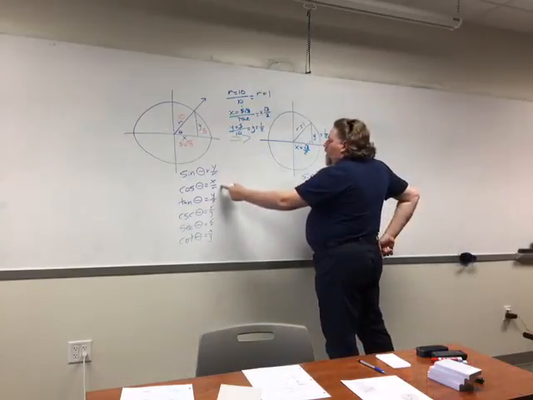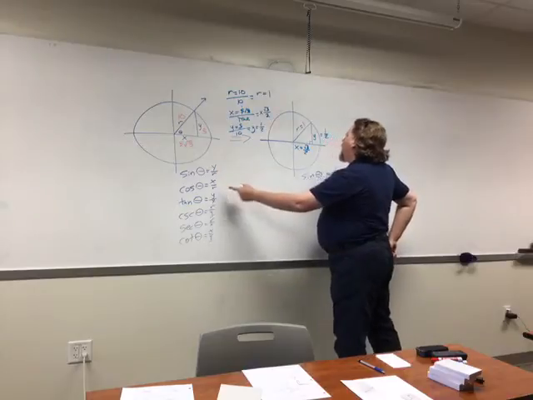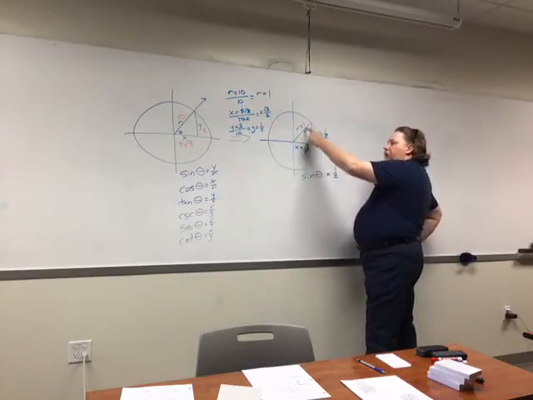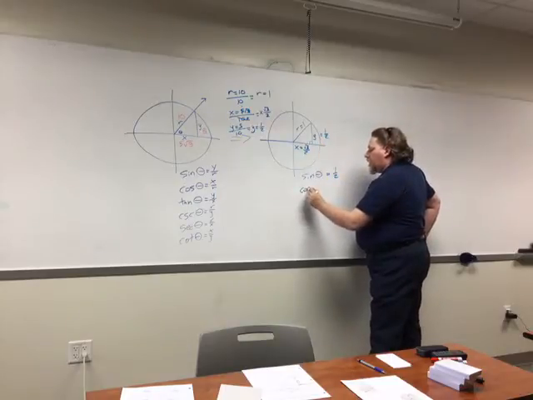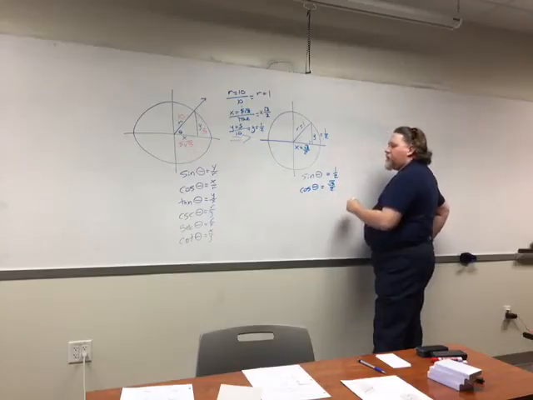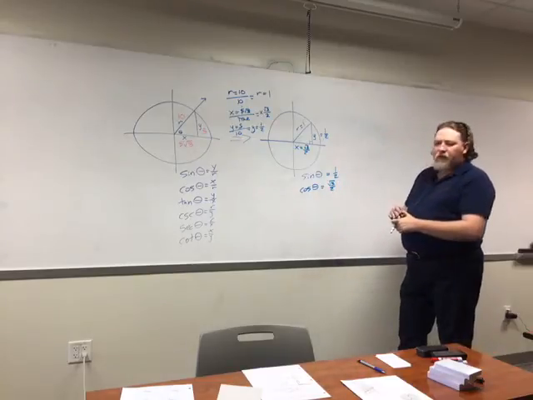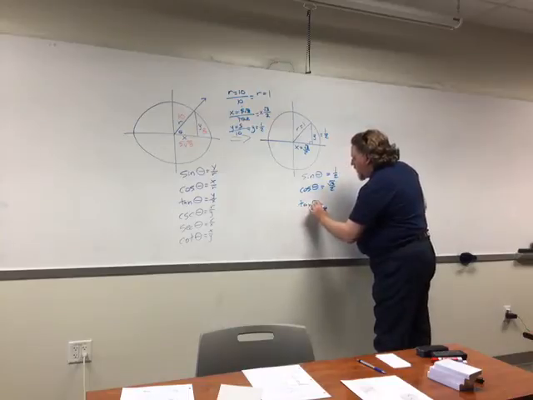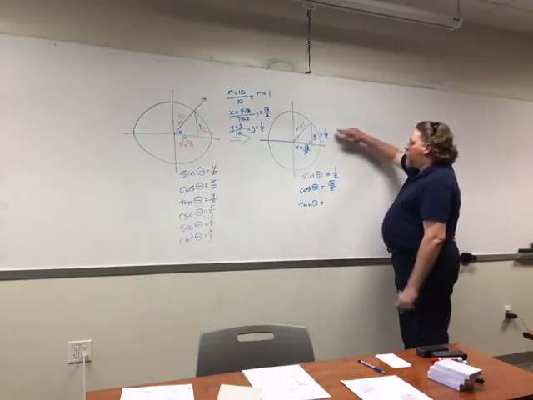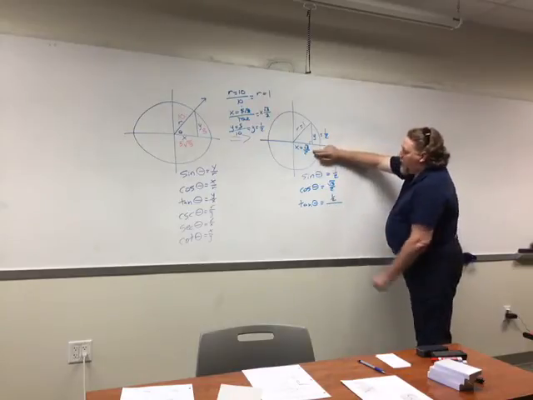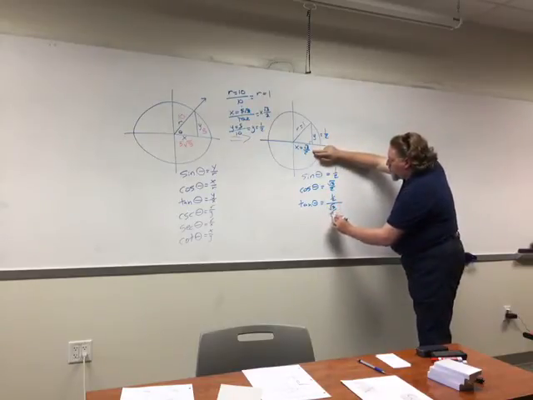And what about the cosine? It's supposed to be x over the radius, but again, the radius is 1, so I have square root of 3 over 2 for x over 1. Cosine of the angle in this picture is square root of 3 over 2. And what about the tangent of the angle? Well, the tangent is y, which is 1/2, divided by x, which is square root of 3 over 2.